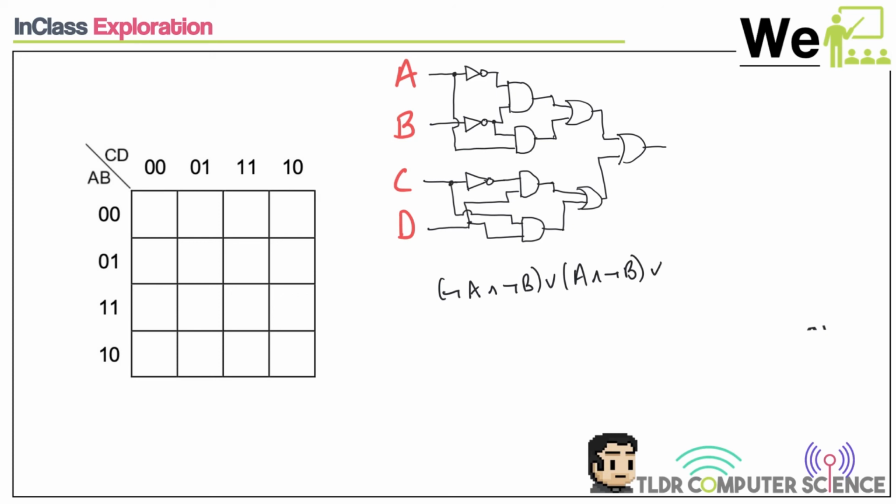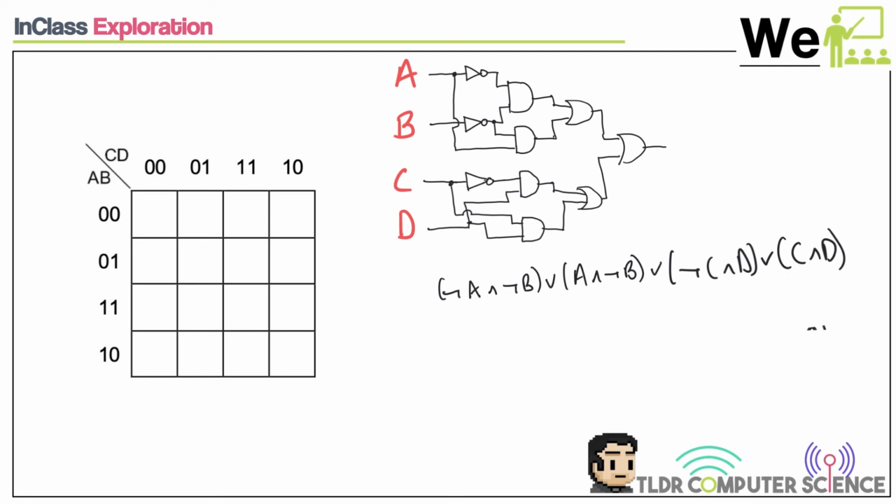And on the other side of the OR gate, we're going to have this. So I'm going to start with this AND gate here. So this is not C and D. And then that's going to go into this OR gate. So I need to find out what's on this side. So on this side, it will be not C and D.